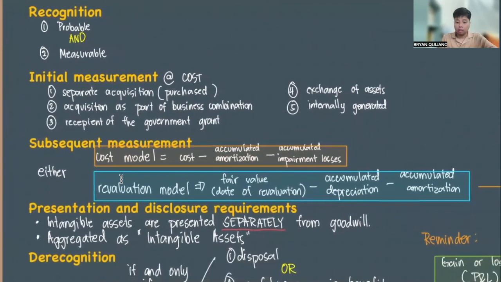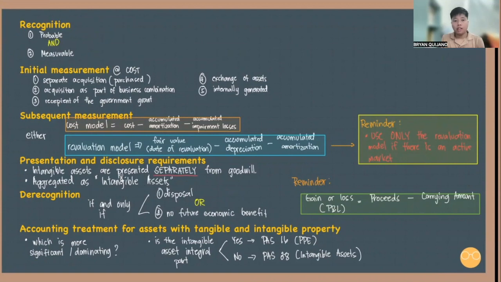With respect to the revaluation model, you should be able to get the fair market value at the date of revaluation. Then you have to deduct the accumulated depreciation and accumulated amortization from the fair market value. Reminder: you can only use the revaluation model if there is an active market.